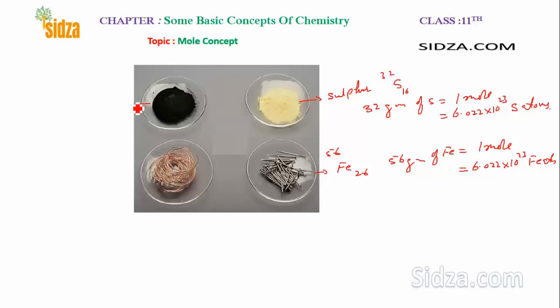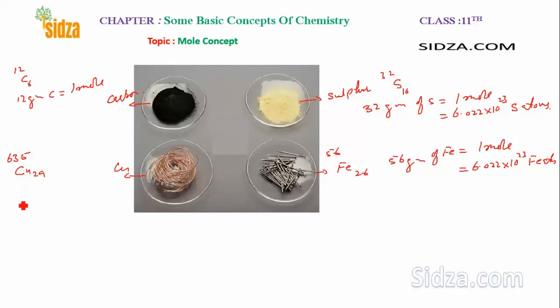For the carbon, atomic number 6, atomic mass is 12. So 12 grams of the carbon will be equal to 1 mole of the carbon, which is the Avogadro number. For copper, we know the atomic number is 29 and atomic mass is 63.5.